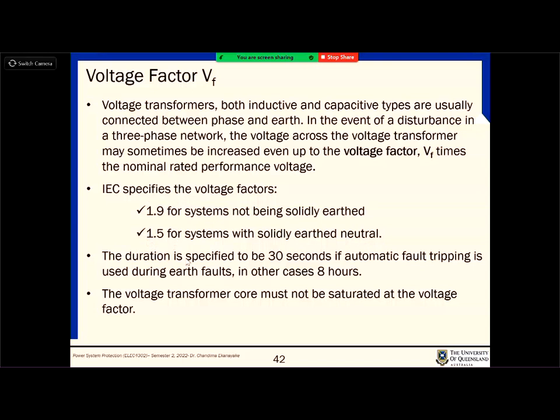So you can use a transformer with less cost if the system neutral is completely earthed or solidly earthed. And also it is very important to specify how long the voltage transformer should be capable of measuring that voltage.